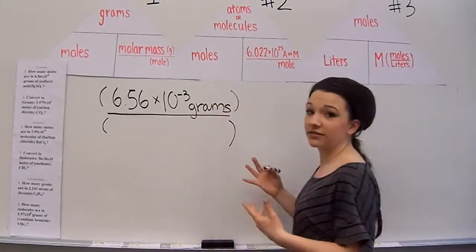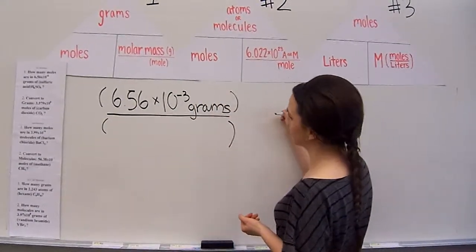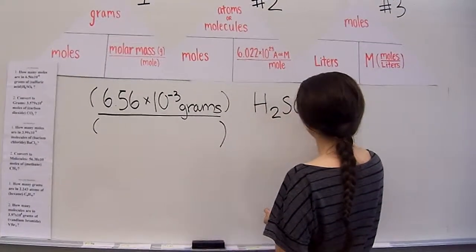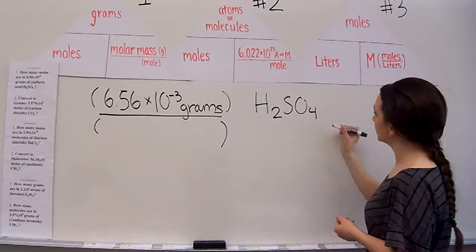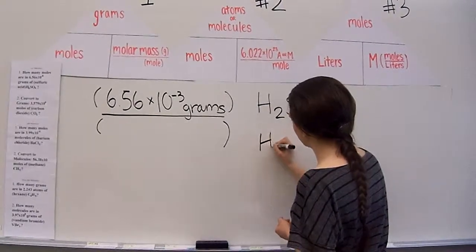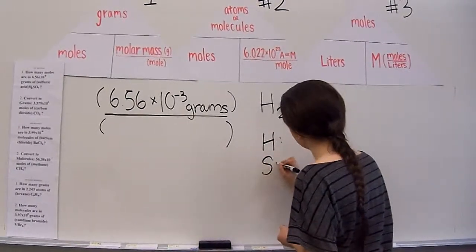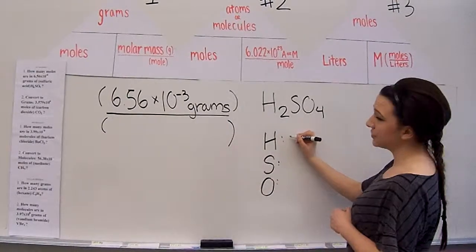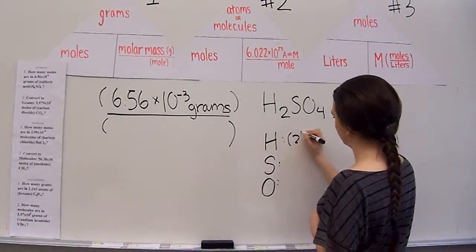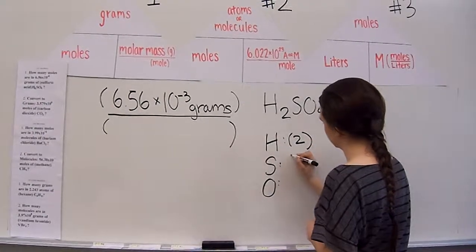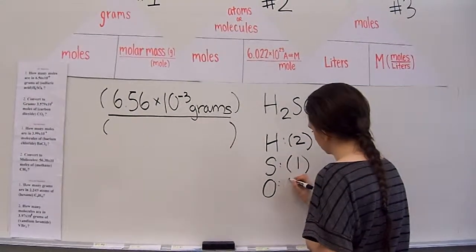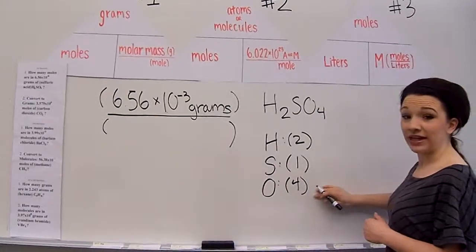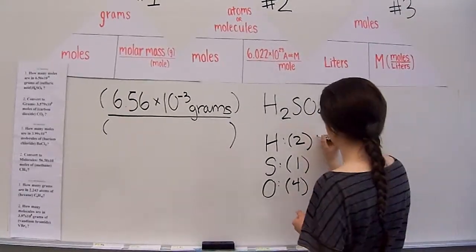Now we have to calculate the molar mass. So we have H2SO4. The way I do this is I write each element, and then next to it I also write how many parts of it that we have. Next, you use the atomic weight of each of them, and then you calculate that.